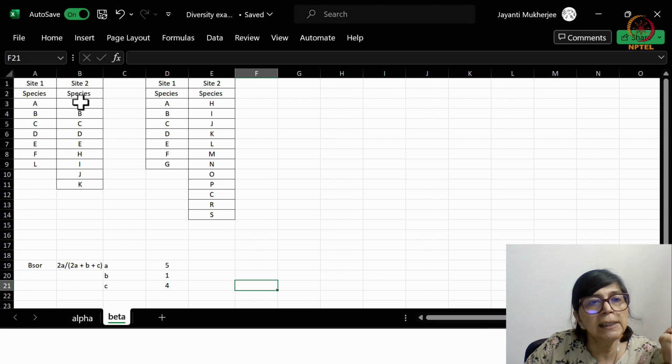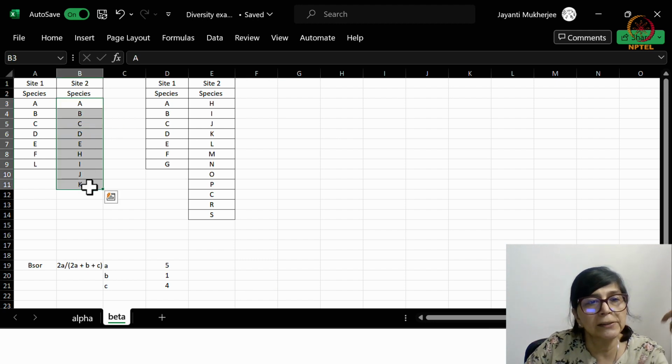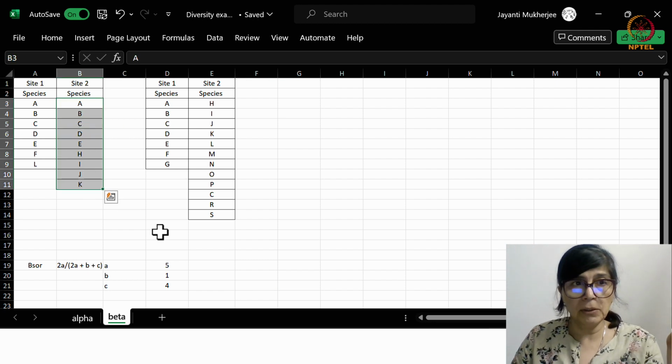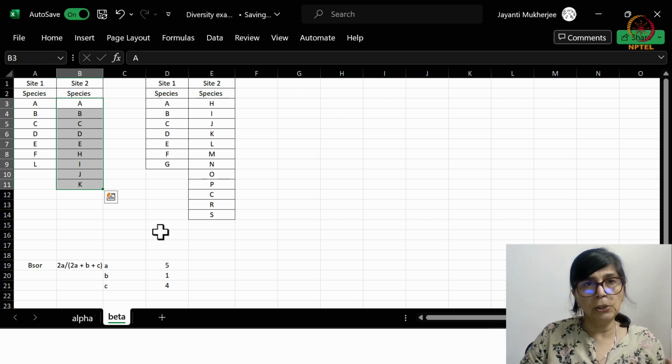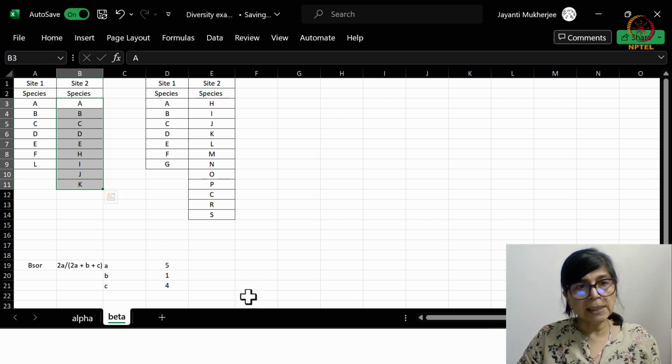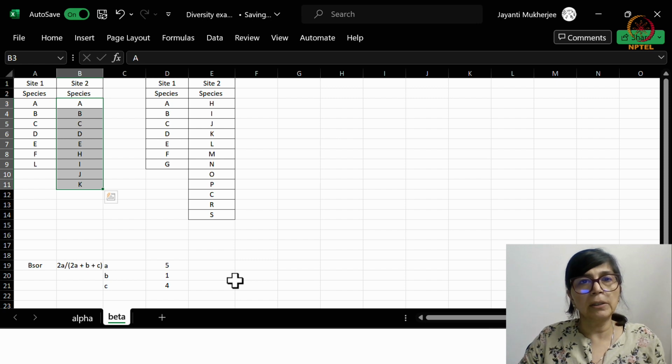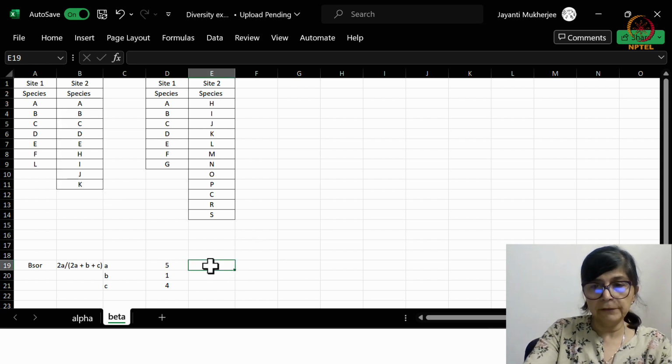So you can see that site 2 also has extra species. Okay, so richness anyway in site 2 is greater. But let's see how the similarity or turnover is. What is the measure? So we will incorporate the formula here.